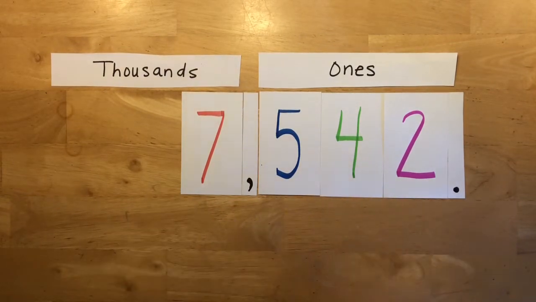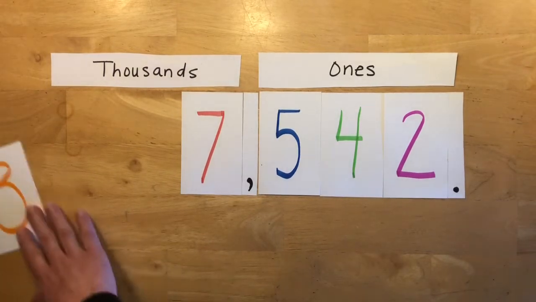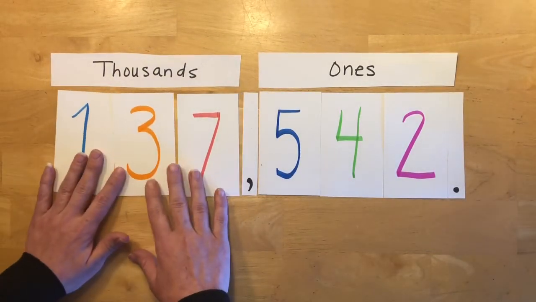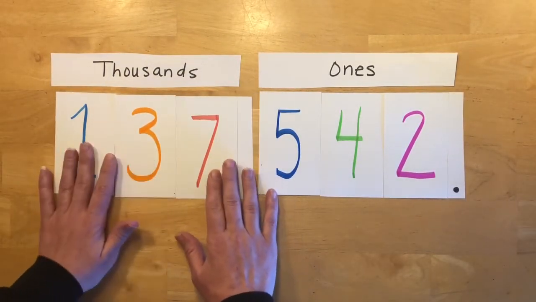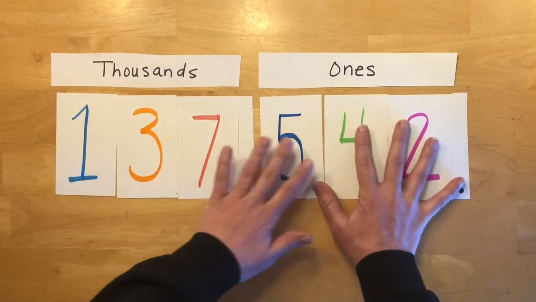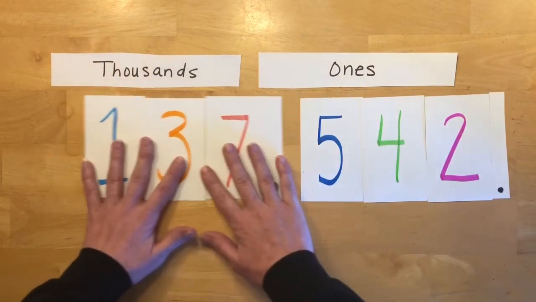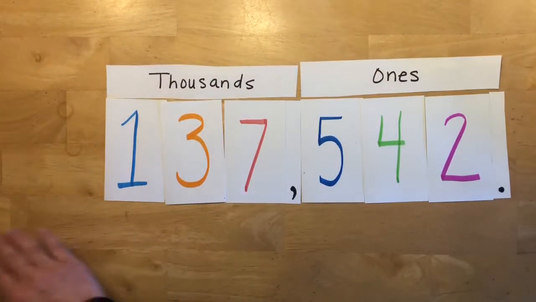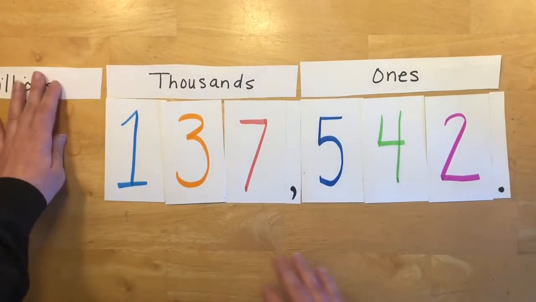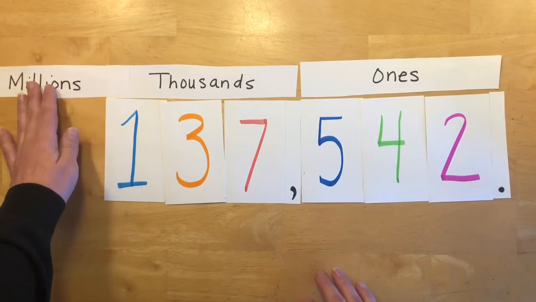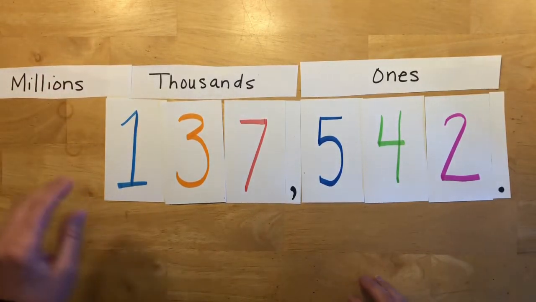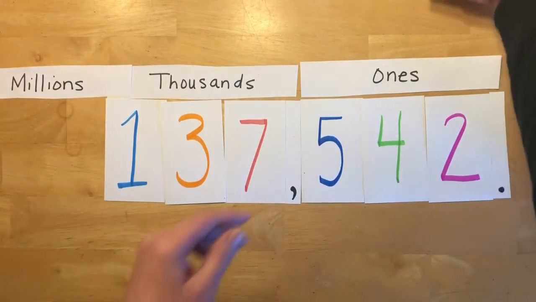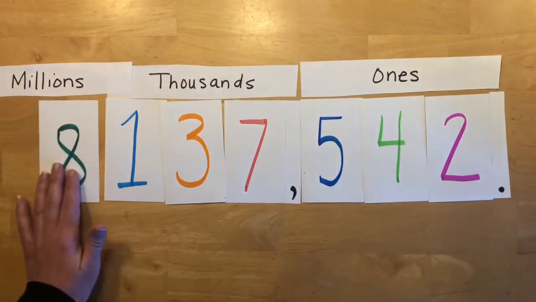So if I continue to go, let's add some more digits here. And I'm going to add a whole other period. Do I have room to add a whole new period is the question. Okay, let's add millions. Can you see that? Ooh, it's cutting close. So I'm going to scooch it down just a little bit so you can see. And I'm going to add just one more digit card.